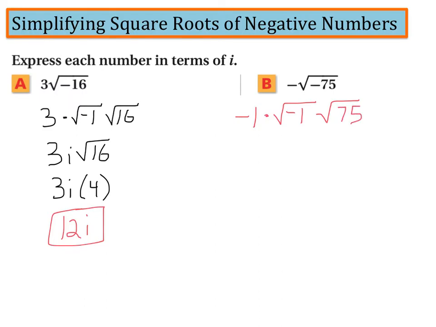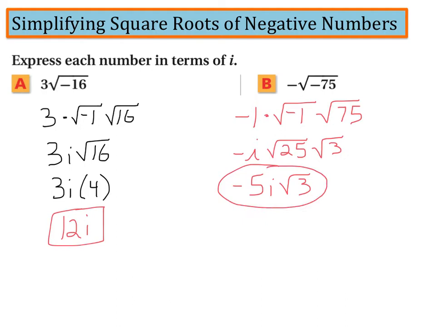So we know the square root of -1 is i, so this becomes -i, and then we can break down 75 to be the square root of 25 times the square root of 3. The square root of 25 just becomes 5. Keep the negative on the outside. We have -5i times the square root of 3. So i helps us take the square root of negative numbers.